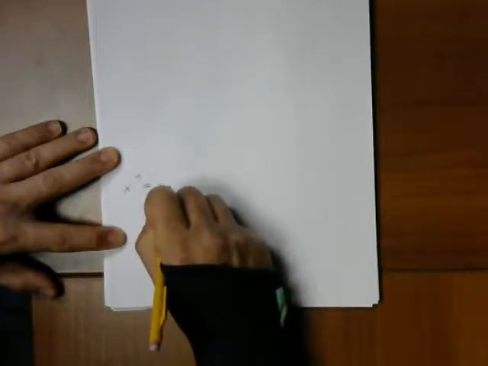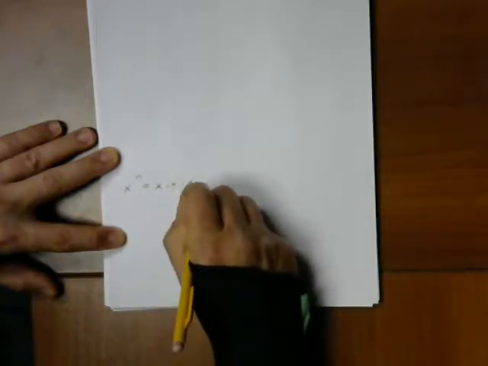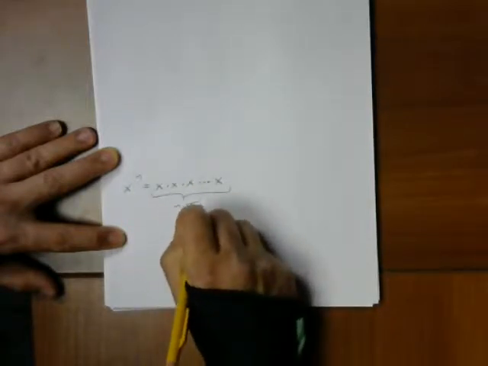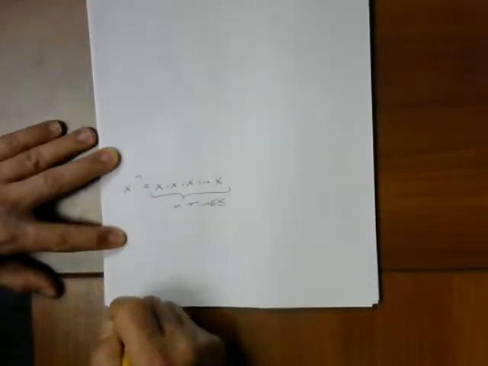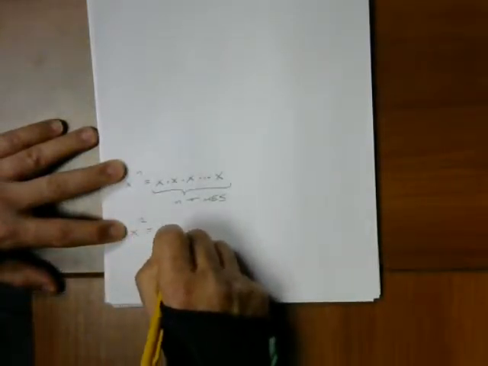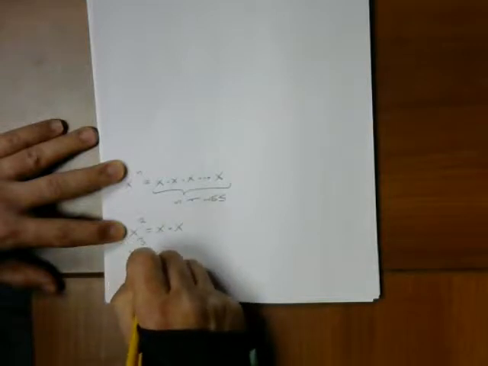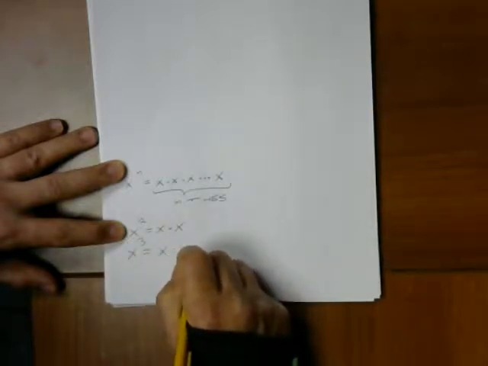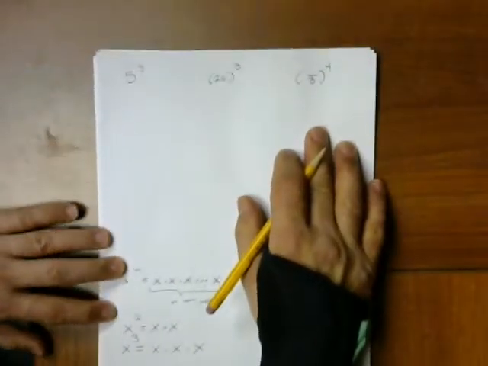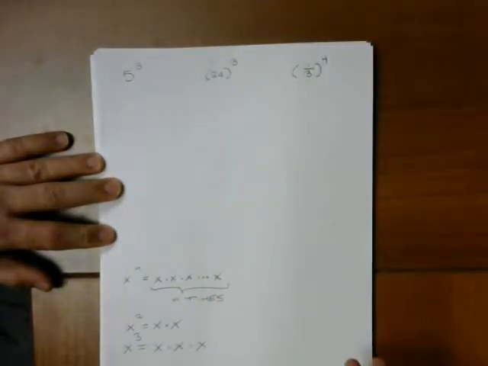Well, if n is a whole positive number, it means we just multiply x times itself n times. Thus, x squared is x times x, x cubed is x times x times x, and so on. Okay, so that's the definition of exponent.